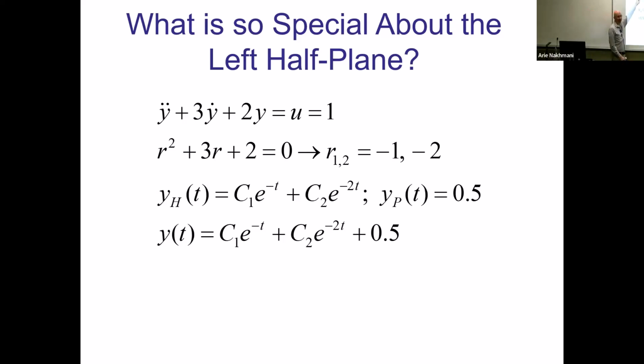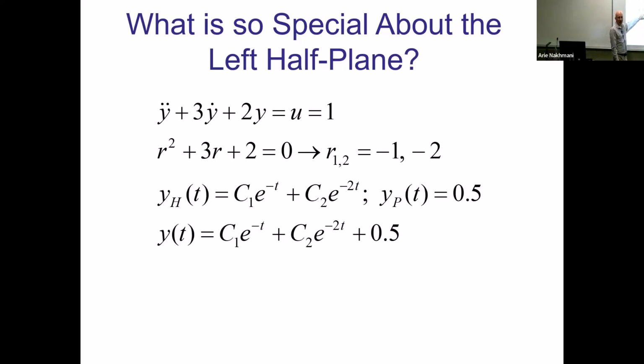You replace every derivative with a power of r, or whatever variable you are using. And then you get r squared, like the second derivative, plus 3r plus 2 equals 0, so you have that second order polynomial.